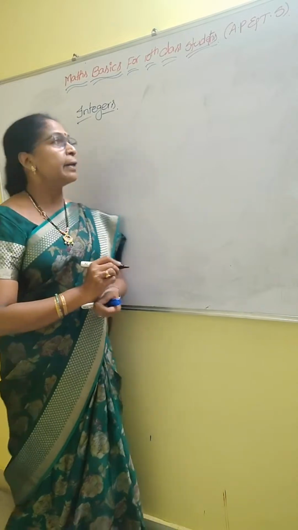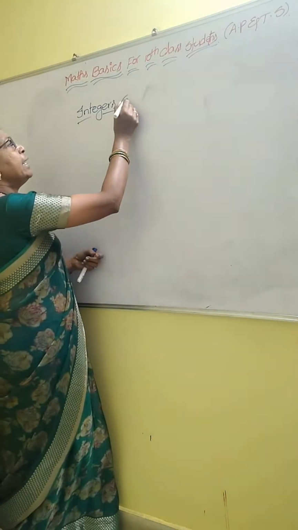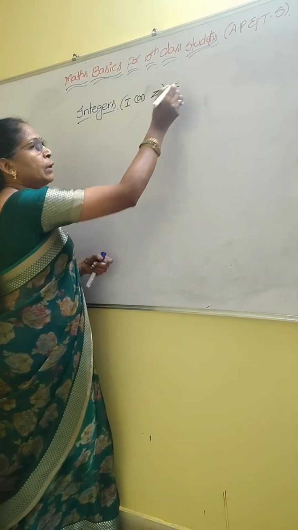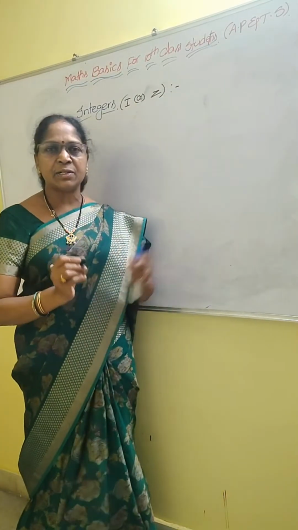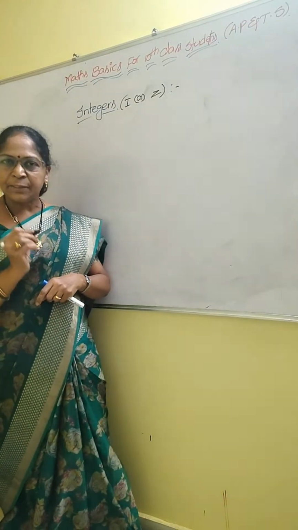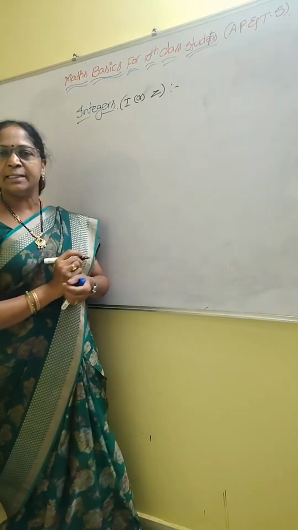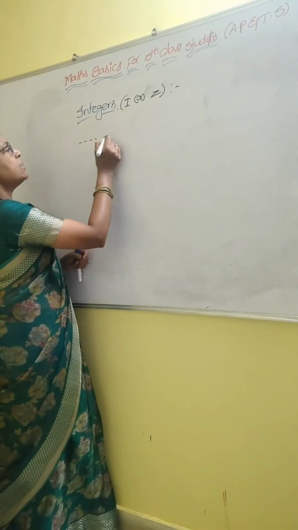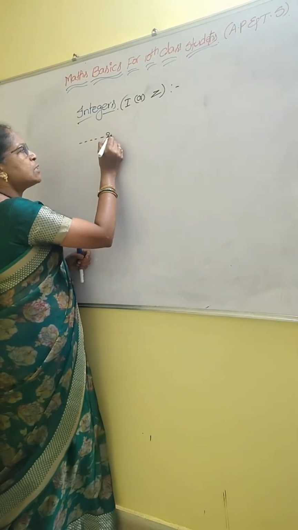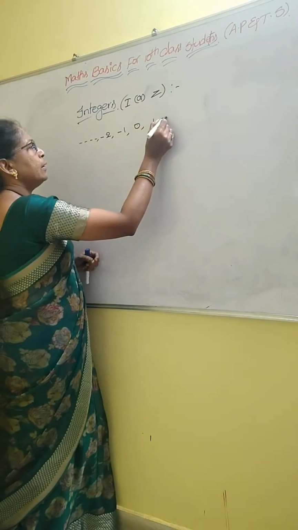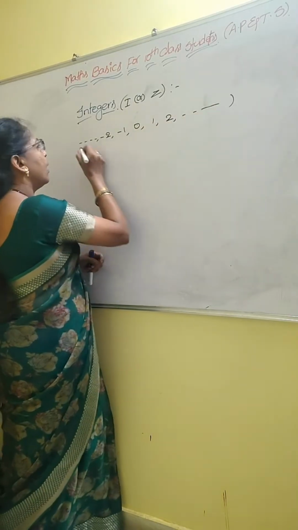Integers are represented by the capital letter I or Z. Capital letters only are used for the representation of these numbers. So what are integers? Negative numbers and so on, -2, -1, 0, 1, 2 and so on.